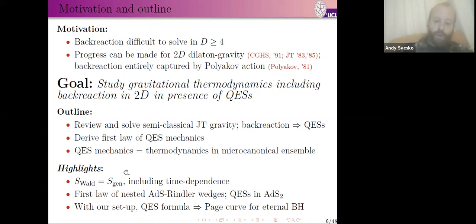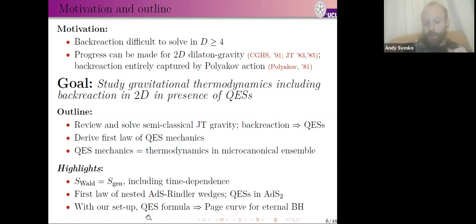We'll also see that when we study quantum extremal surfaces, we really should be studying so-called nested AdS Rindler wedges, which I'll describe. In fact, we're really going to be studying the mechanics and thermodynamics of these nested wedges. But then in the microcanonical ensemble, the mechanics and thermodynamics of these wedges become the thermodynamics of quantum extremal surfaces.